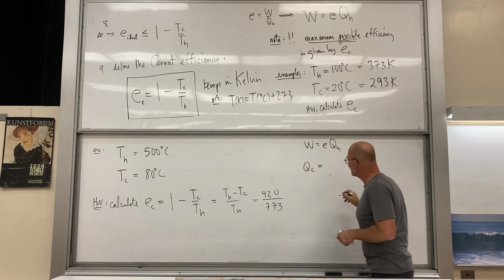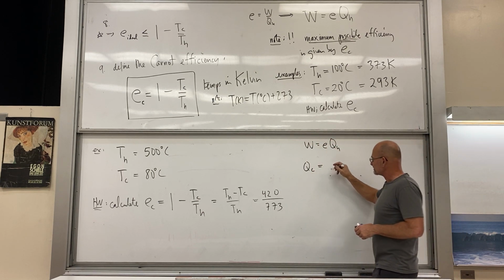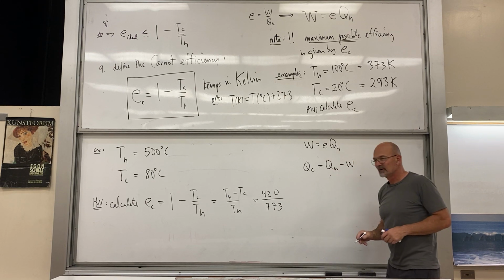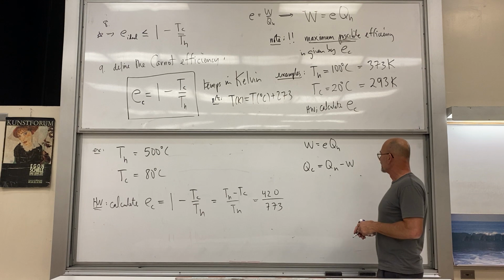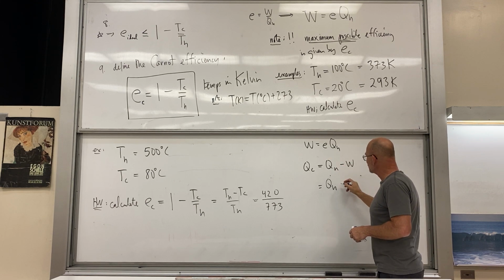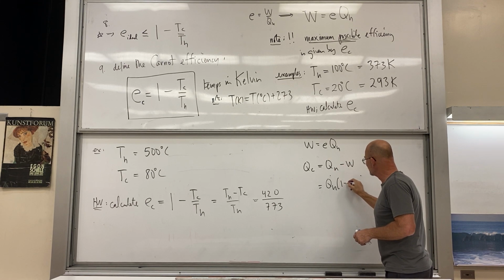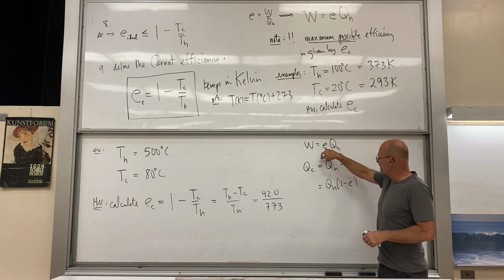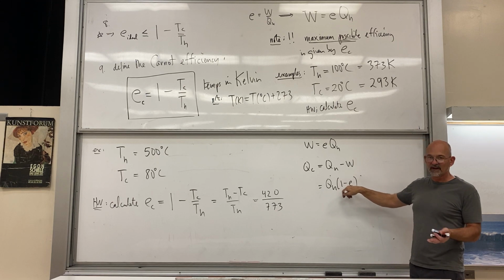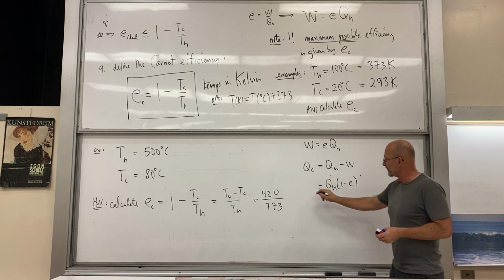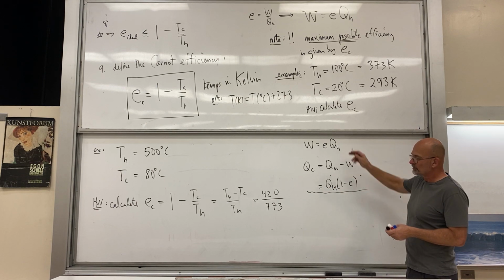Of course, the QC is just the QH minus the work, equals the QH minus EQH, which is QH times 1 minus E. Okay. So obviously, if you have 50% efficiency, you'll have 1 minus half, also 50%. So yeah, these are just some relations you can use.